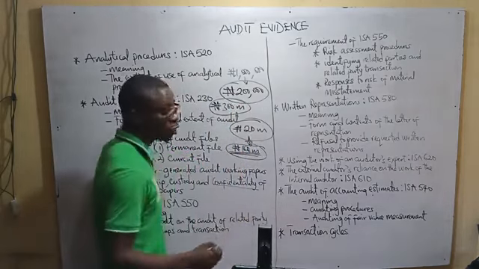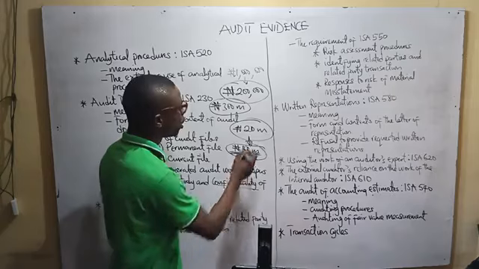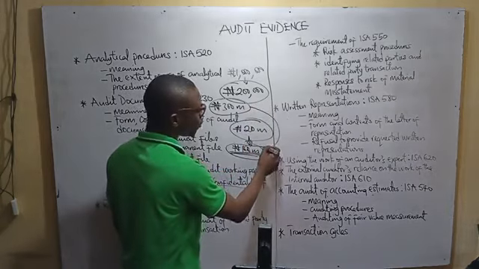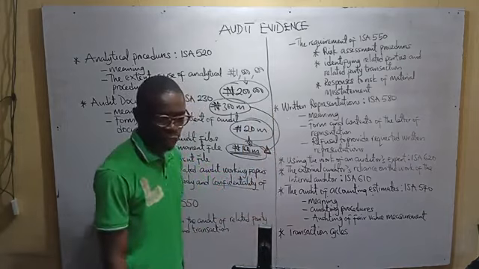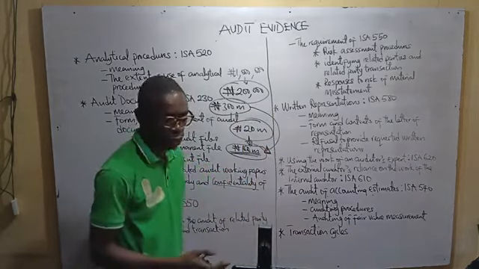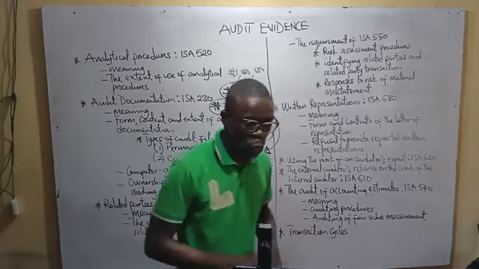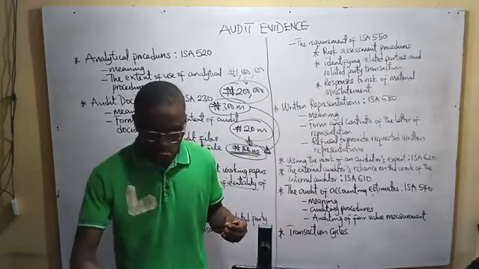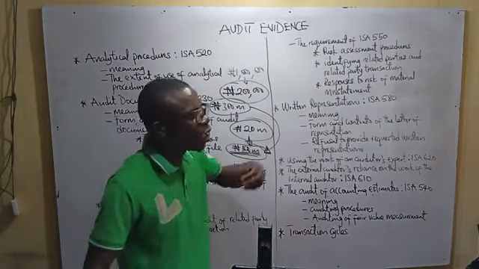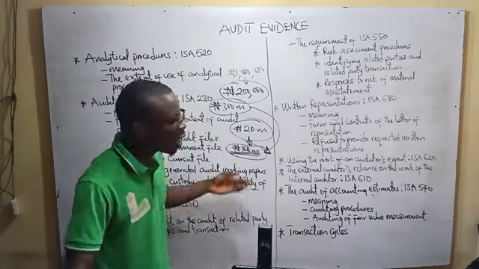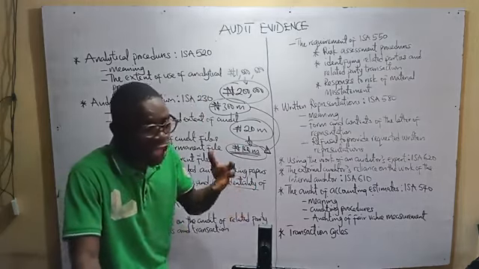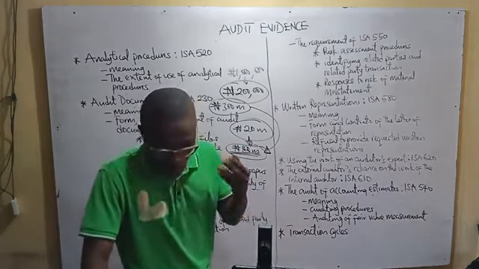What has Dangote companies done now? They have underestimated the liability, they have under-reported the liability. That's what the auditor will look at. If possible, the auditor will check the amount of the estimate against other known facts to check whether the estimate they have made is appropriate or not.